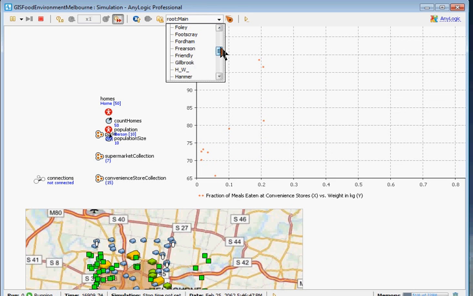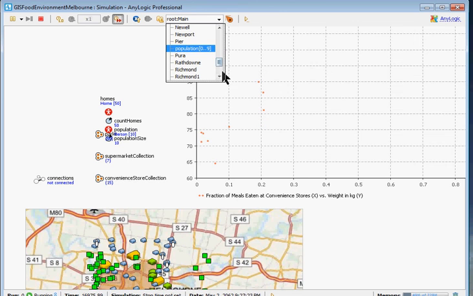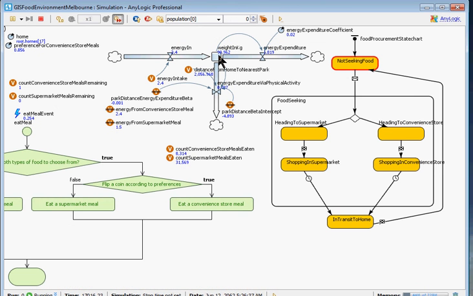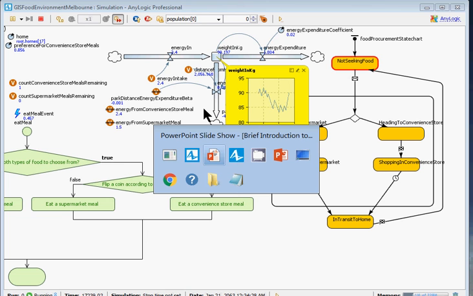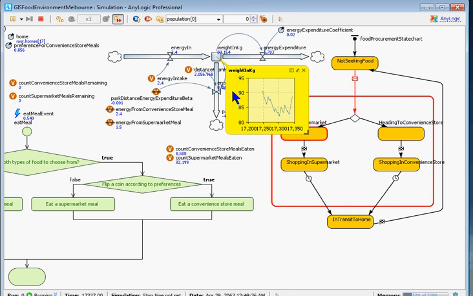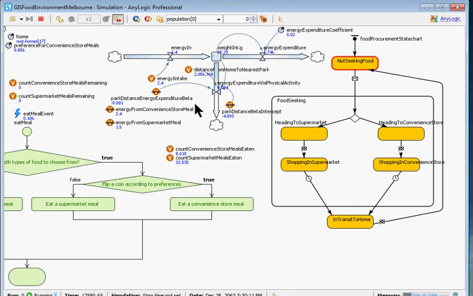So that's an endogenous thing. By contrast, the assumption, for example, about the amount of energy intake to assume from a convenience store meal or a supermarket meal, those are exogenous factors. I tell it, assume this, assume that. Sometimes this is fixed, sometimes it's a time series. The point is it's pre-specified by us.